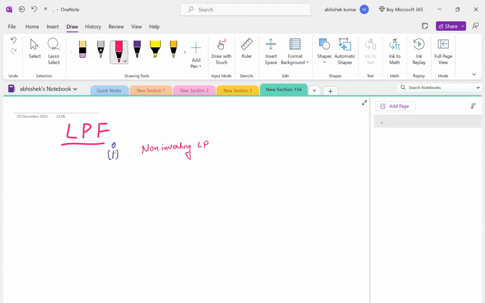Non-inverting active low pass filter, right? In the non-inverting, we have two types of first-order active low pass filter: non-inverting with unity gain, and non-inverting with gain.